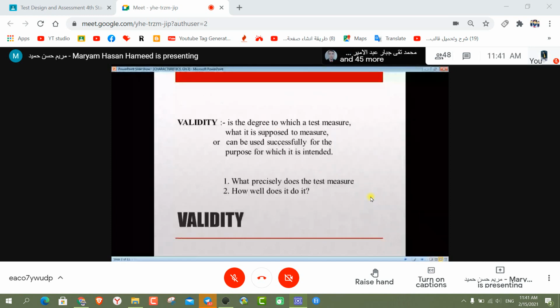To make a valid test, you must be clear about what you are testing. As a teacher, you have to read your material very well before the exam or the test.